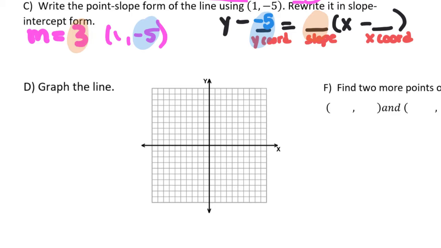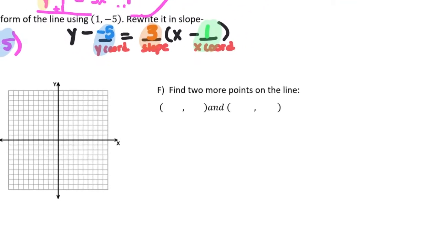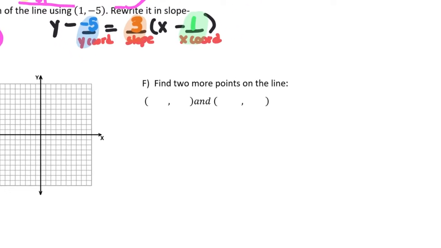So I can fill in a 3. And then lastly, I need the x coordinate, which has a value of 1 as was given to us. Now from here, if we want to change it into slope-intercept form, like we mentioned before, essentially we are solving for y.